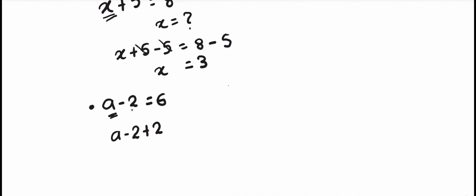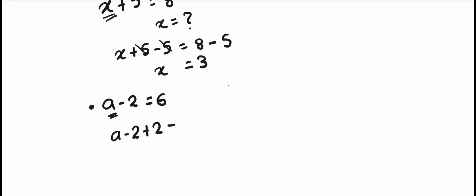If there is a fire and you need to remove it, what do you do? You add the opposite thing of the fire. What is the opposite of fire? It is water. When you add water, the fire gets removed like that. So if we have minus 2, we add plus 2.